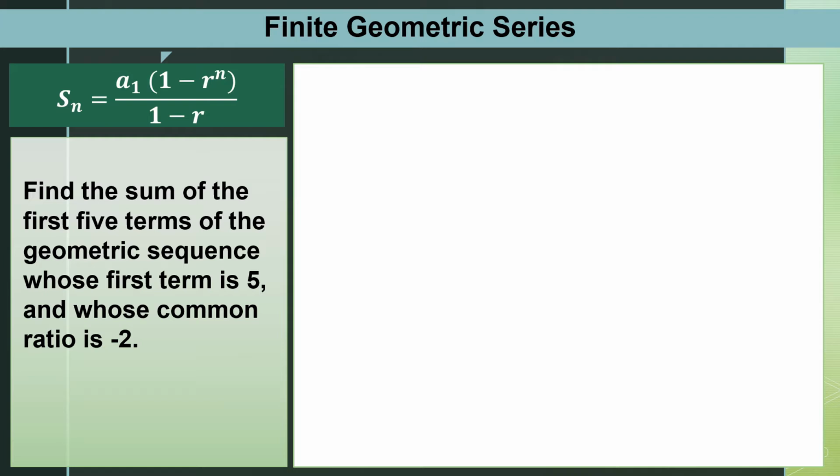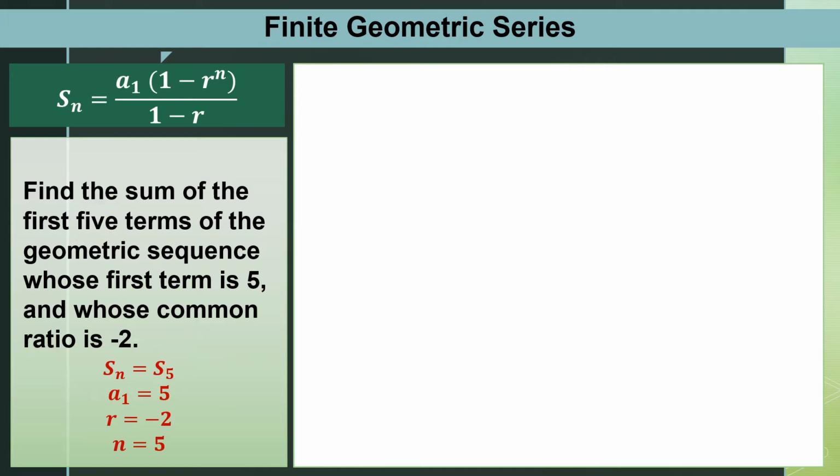Una, ang hinahanap natin ay si S sub 5 dahil hinahanap sa atin ang first 5 terms. Ang a sub 1 natin ay 5 dahil given na ang first term ay 5. Ang r natin ay -2 dahil ang given na common ratio ay -2. At ang n natin ay 5 dahil meron ulit tayong 5 terms.